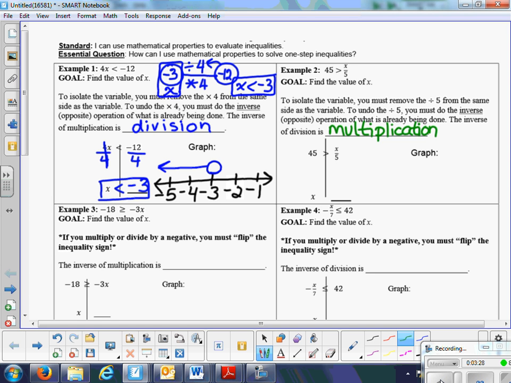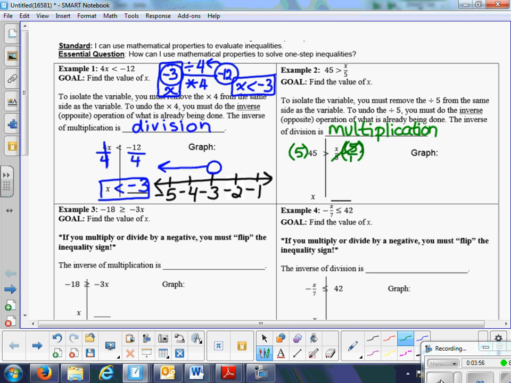We're going to multiply both sides of our inequality by 5. And if you feel more comfortable, you can put that 5 over 1 over here. That lets you know that it looks more like a fraction. And remember, we can cross-simplify when we're working with fractions. So 5 and 5 cancel out to equal 1. So now we have x times 1, which leaves me with just the variable, which is x.